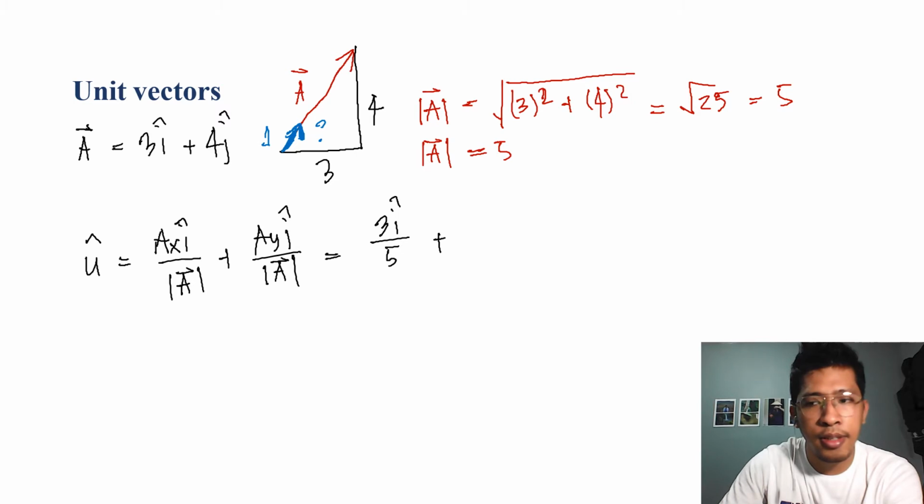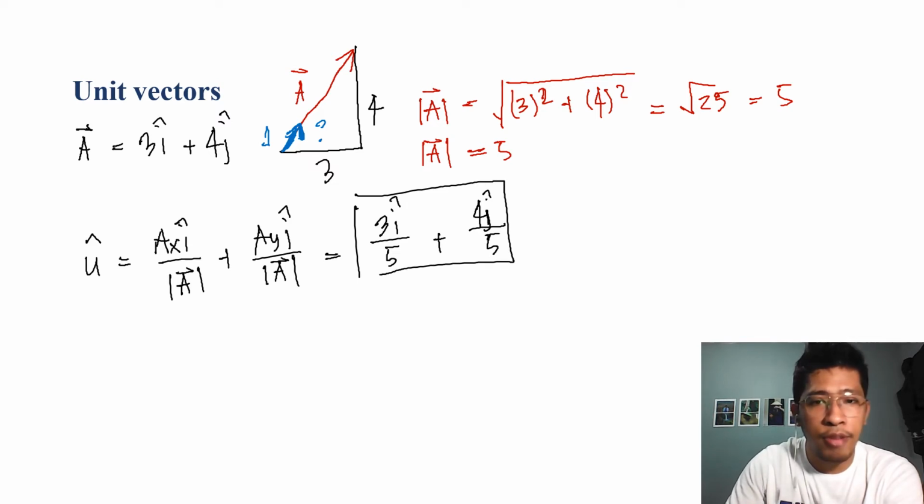plus 4 j hat divided by 5. So let us look at whether your 3 over 5 i hat plus 4 over 5 j hat is indeed a unit vector. Let us look at the magnitude of your u hat.